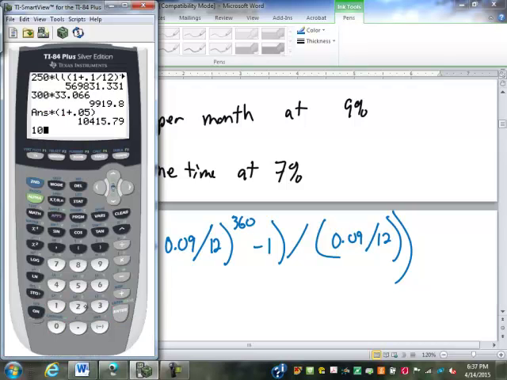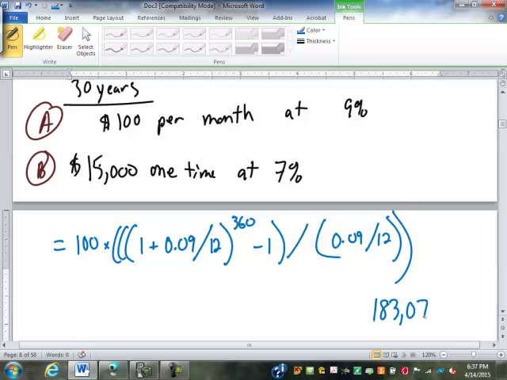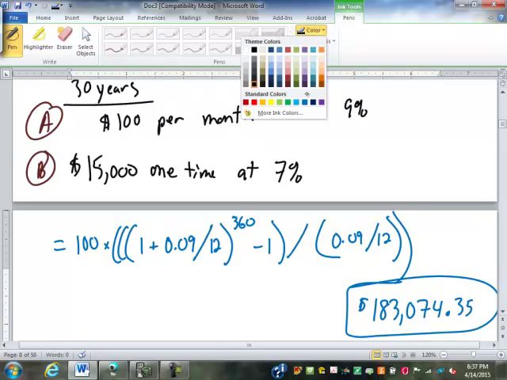So that gives us 100 times 1 plus 0.09 divided by 12, close, power of 360, minus 1, divided by open, 0.09 divided by 12, close and close. $183,074.35. Questions? Let's do the other one then.